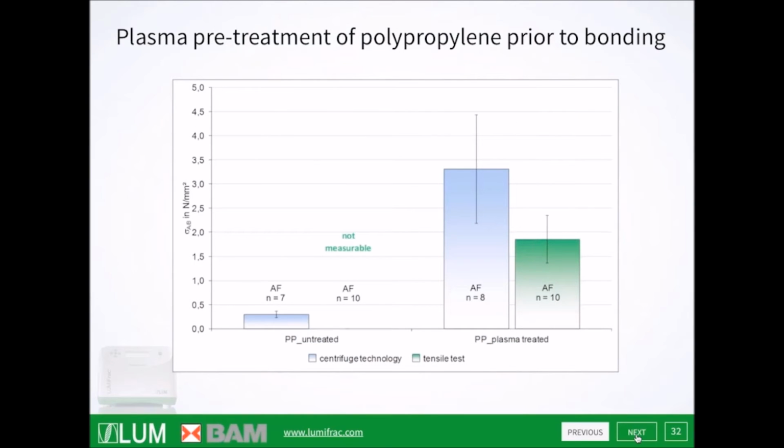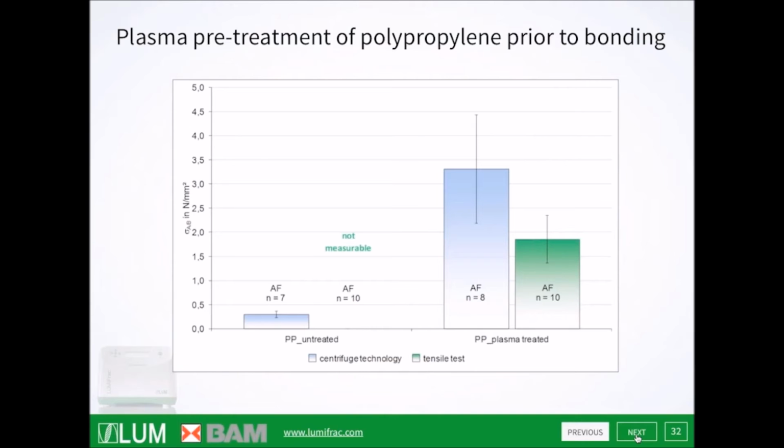For polymers of low surface energy, such as polypropylene, good bonds are difficult to achieve. Without any chemical cleaning and any plasma treatment, bonding strengths may be as low as 0.3 MPa.